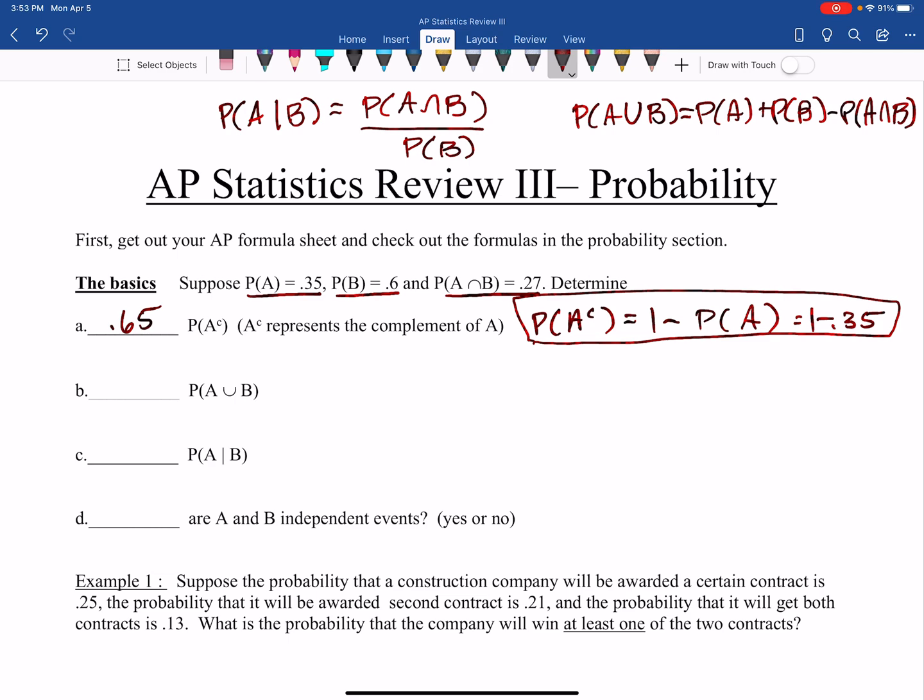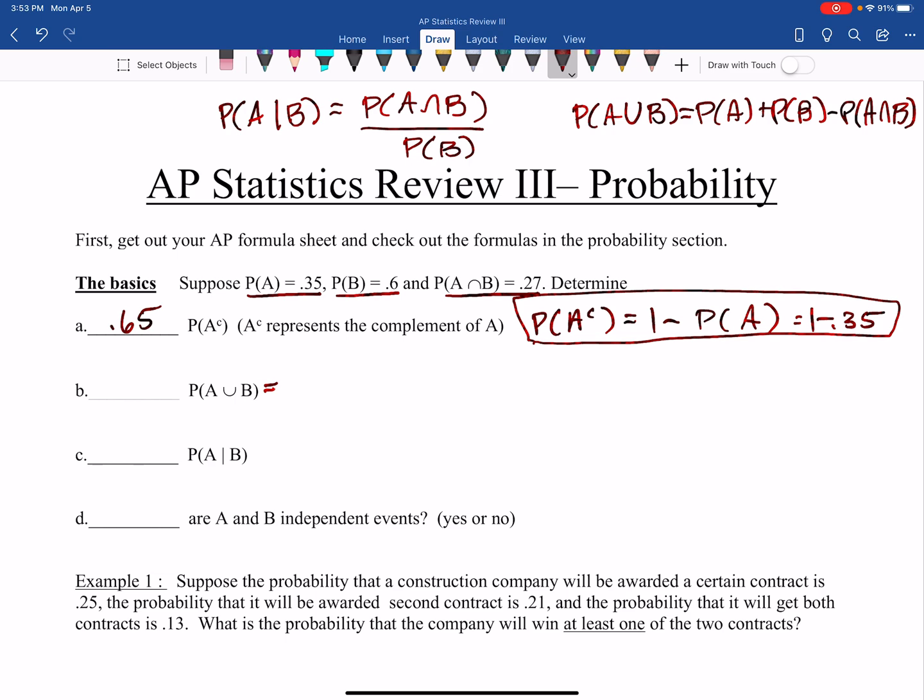Okay, so let's go ahead and see the next part, which is the probability of A or B. The probability of A or B is the probability of A plus the probability of B minus the probability of A and B. You don't necessarily have to write that out, but I'm just going to put the numbers right in.